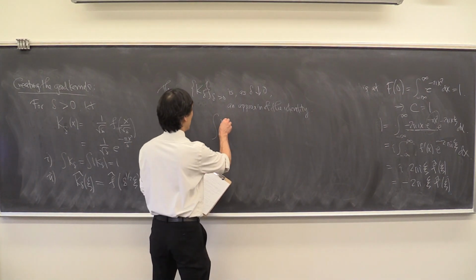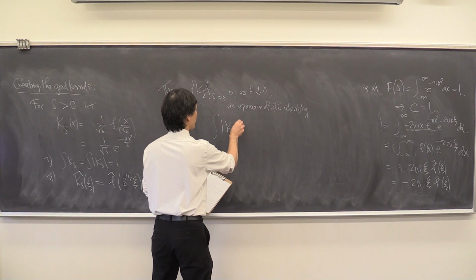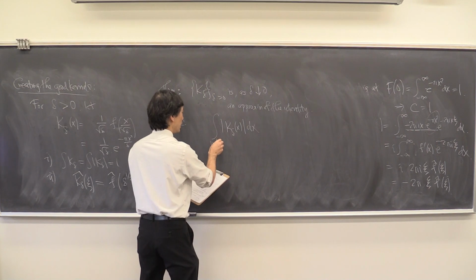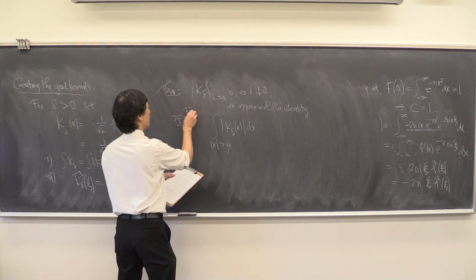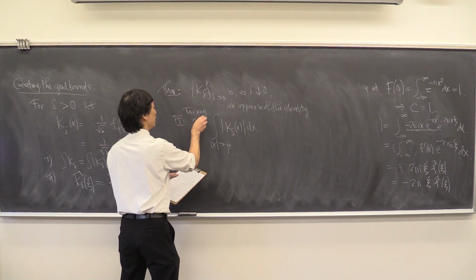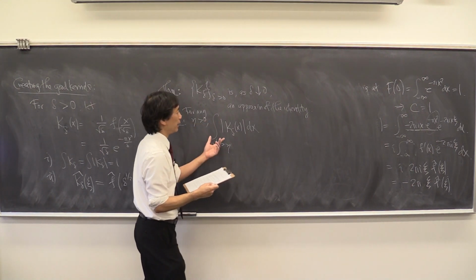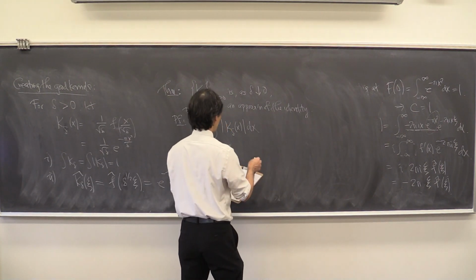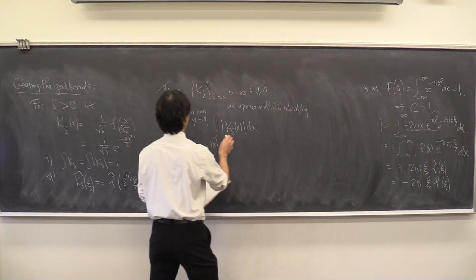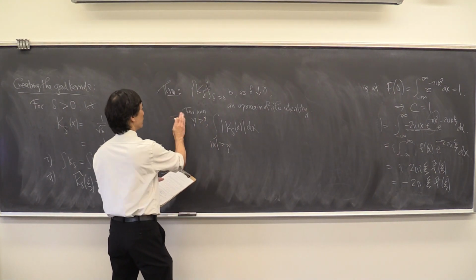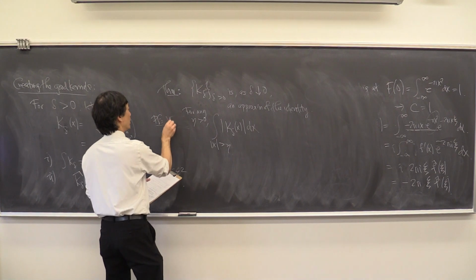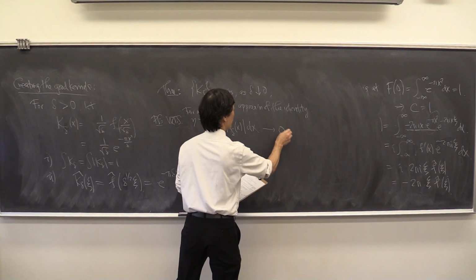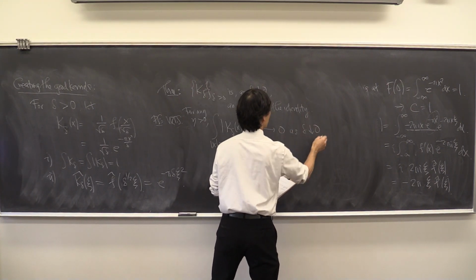What we want to show is that for any eta, the integral outside of eta goes to 0 as delta goes to 0.